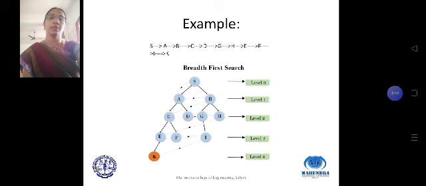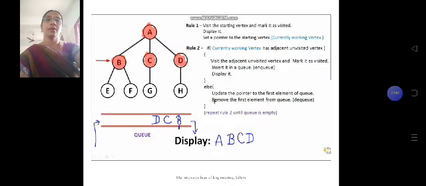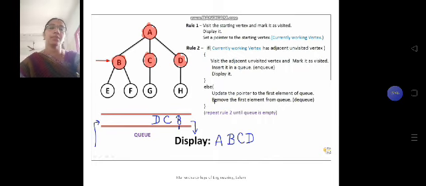That's called breadth first search. This is the example of a breadth first search tree.